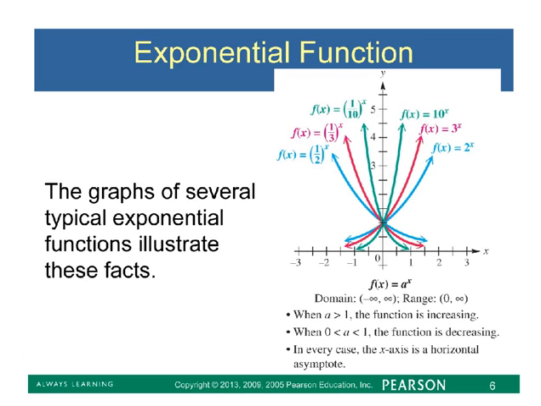Here are some graphs of several typical exponential functions, and there are some properties right here below. The domain for a function of this form, a to the x, is always going to be all real numbers.